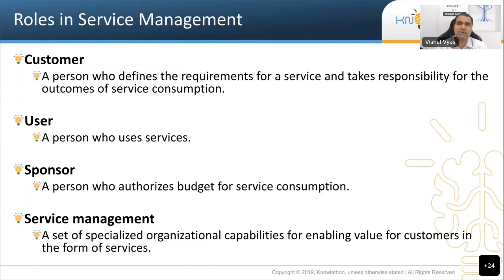So whatever capabilities we build as a service provider to deliver better services every day are called service management. Whatever we do to deliver better services is service management. Service management is a set of specialized organizational capabilities for enabling value to customer in form of services.